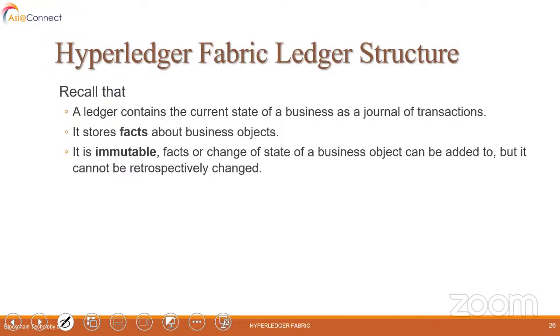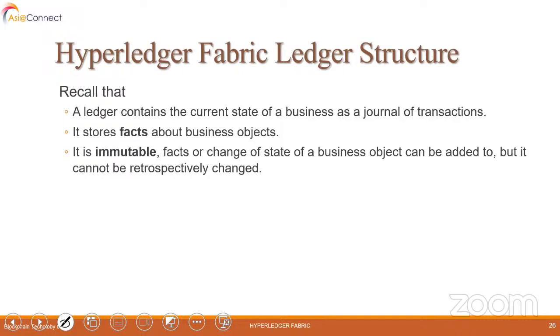In a library accession register, whatever books have come, they will be recorded with their classification numbers, accession numbers, when they arrived, what is their current state, whether they are still in the library or stolen or deprecated, whatever may be the reason, right? So the current state of business as a journal of transactions.